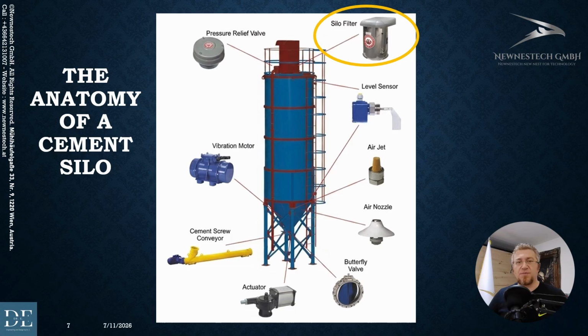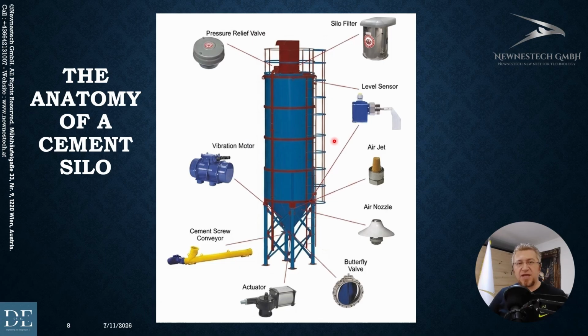Depending on your operational preferences and budget, you can deploy a mechanical shake system using cylindrical cartridge filters or a pulse jet air filtration system that utilizes compressed air pulses to clean flat envelope filters. Regardless of the type, the captured dust falls right back down into the silo, preventing material waste. We will explore these filter operations in detail later in this series.